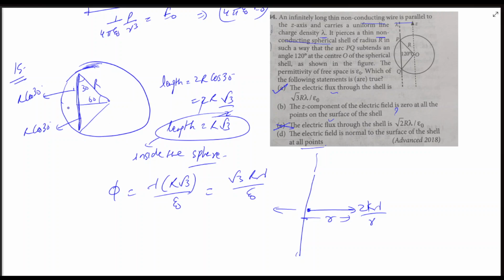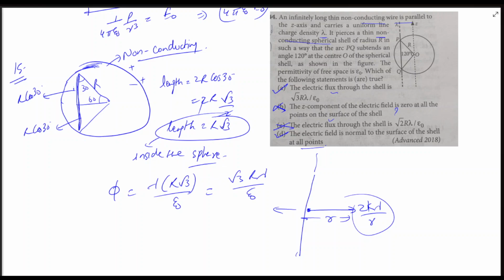If there was polarization, the situation would have been different, because there would be positive charge outside and negative charge inside, and it would become a little bit complicated. But as the sphere is non-conducting, there won't be any polarization, and the electric field won't change, so it will be perpendicular to this line charge. So option D is correct and B is wrong.